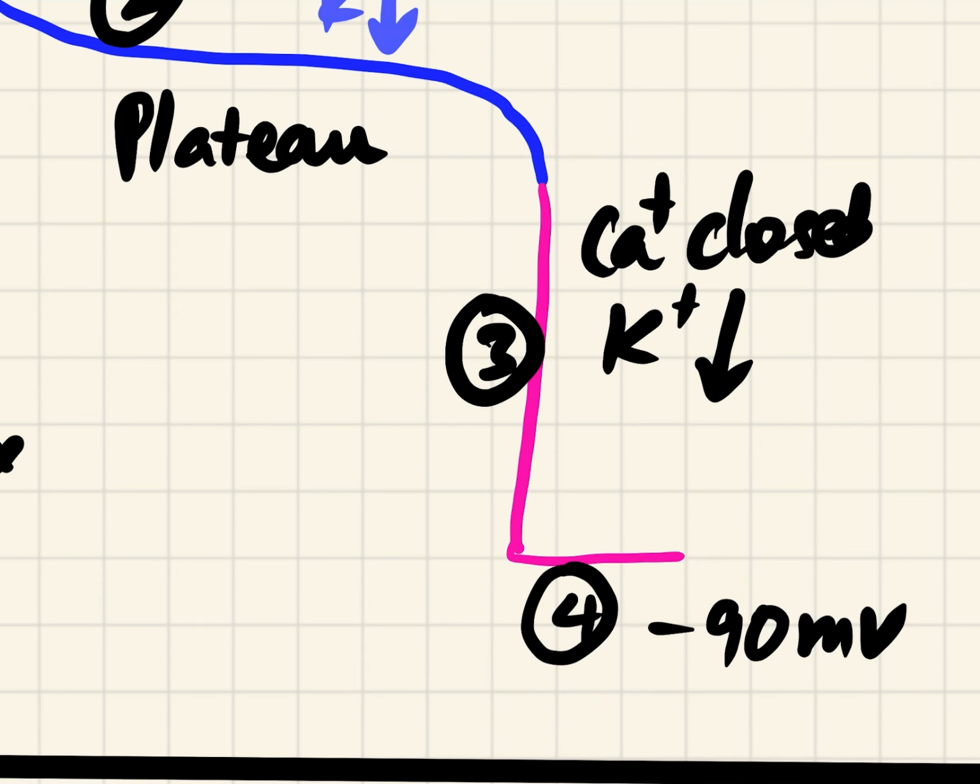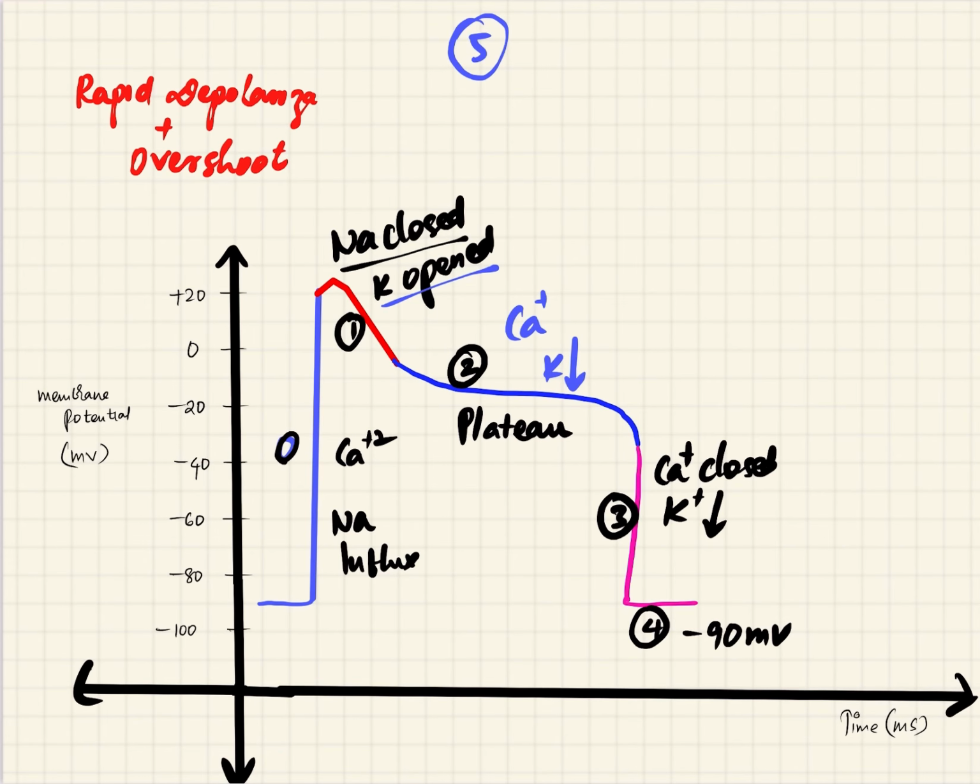Hope you got my point. Reaching the resting membrane potential does not bring the resting ionic composition. The resting ionic composition is brought by the sodium potassium ATPase. This is all about the phases of the cardiac action potential.